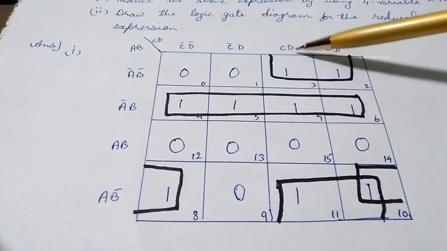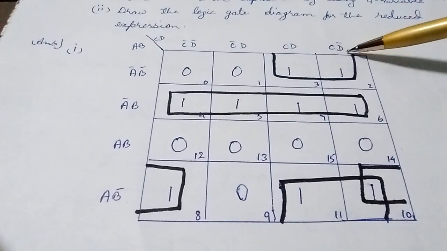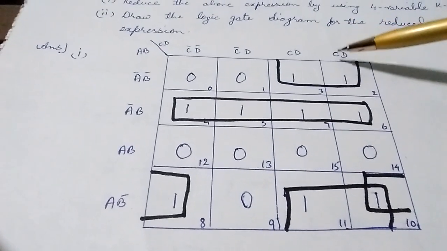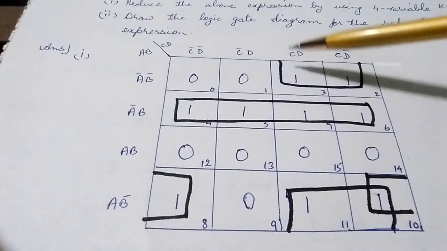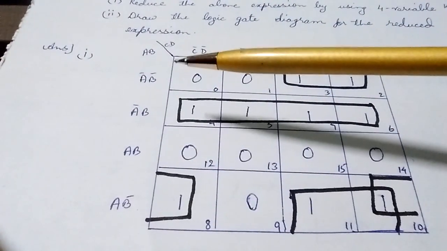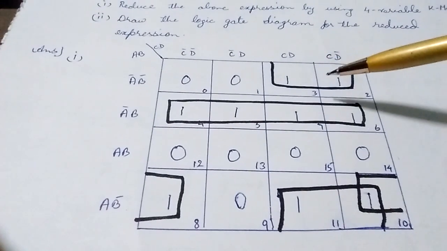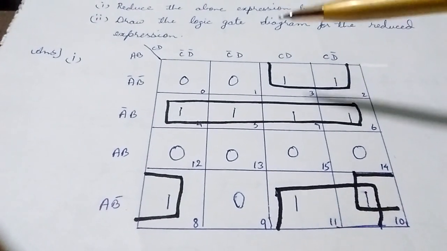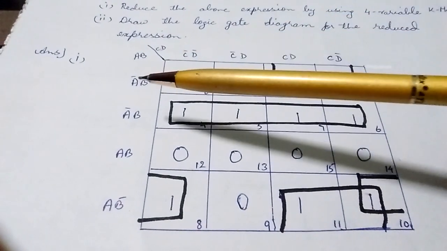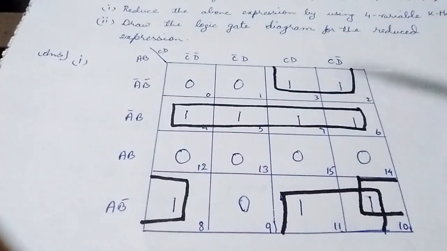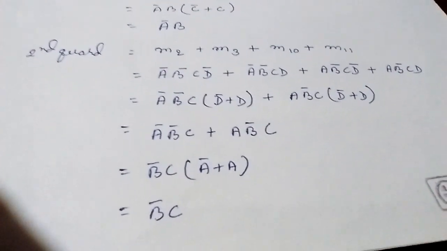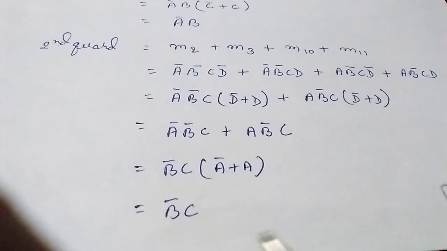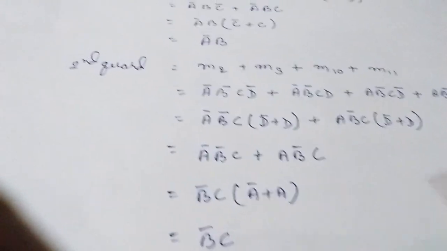So C D, C D bar, so D and D bar will cancel. So from the column we are getting C, and from the row we are getting B bar. It means for this quad we will be having the reduced expression B bar C. So we see that we are getting the second quad reduced expression as B bar C.